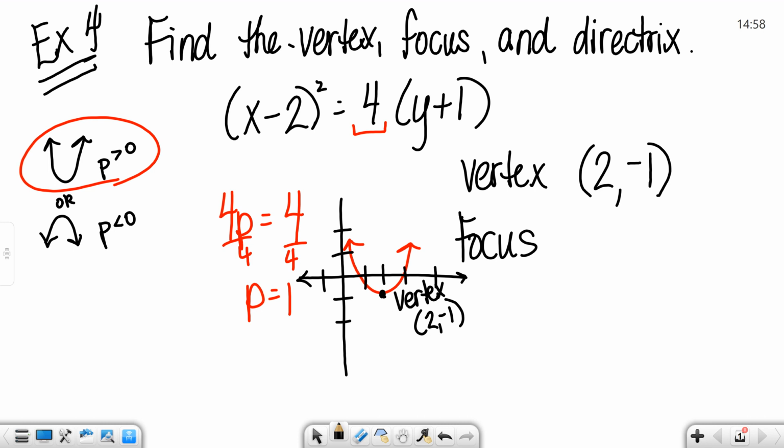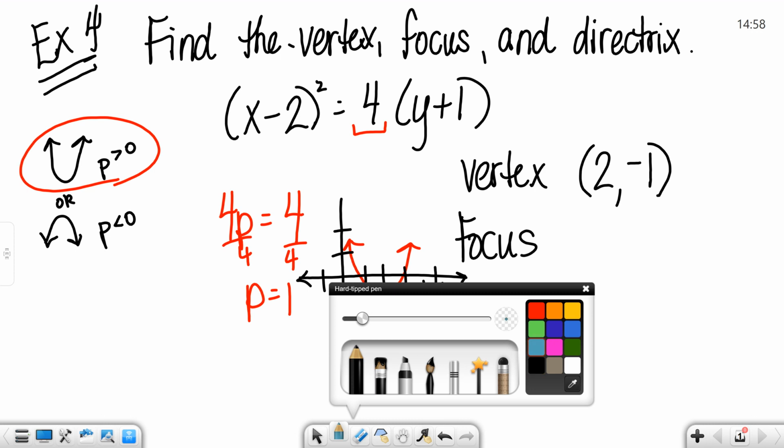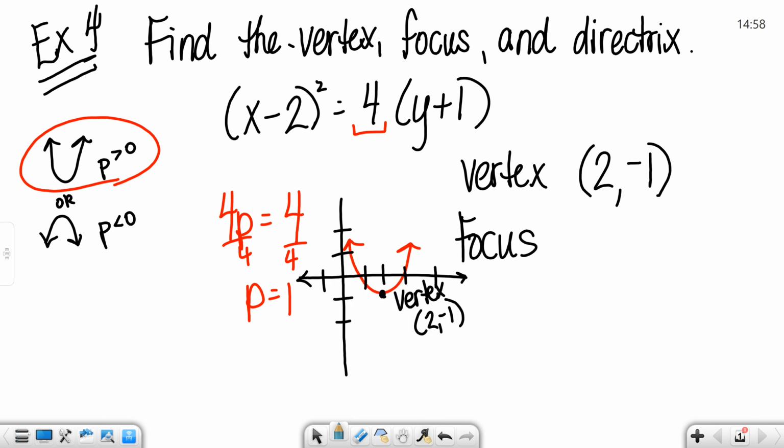All right, so my focus, remember your focus is inside the curve, okay? So my focus is somewhere in here, okay? I don't really know where, but it's somewhere inside my curve, and it's on the same line as the axis of symmetry, so it's in line with the vertex. Remember, your focus is p spaces from your vertex. So I drew it in the wrong spot.